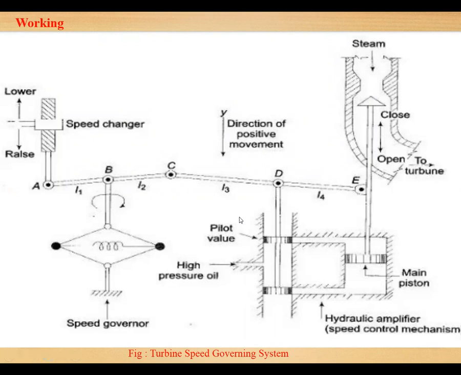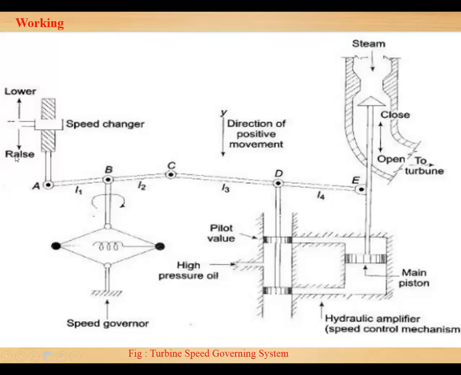Working principle of the turbine speed governor system: as load increases, the speed of the turbine decreases. The speed changer gives a raise command to the flyball.